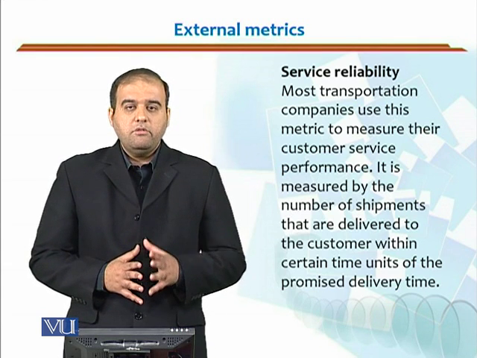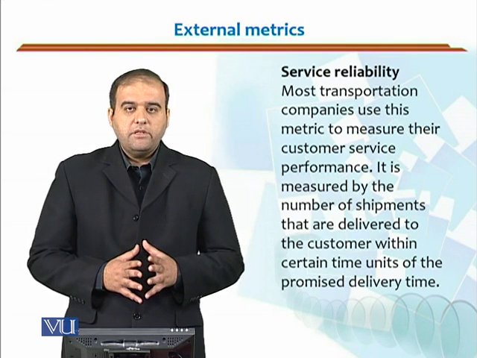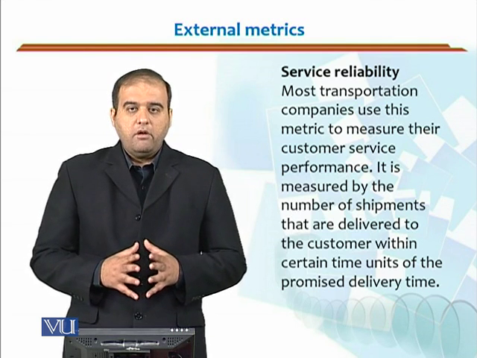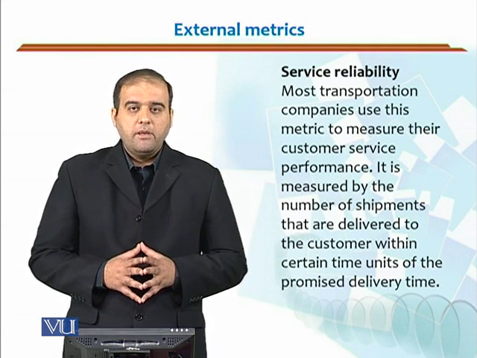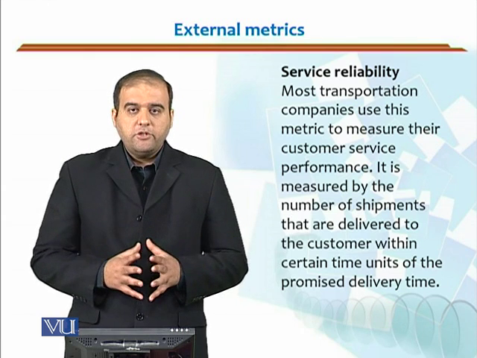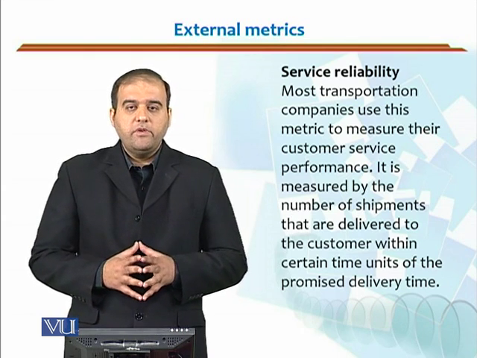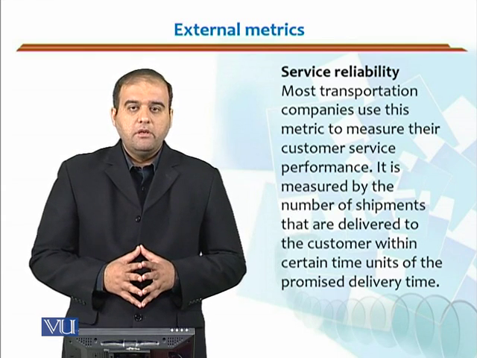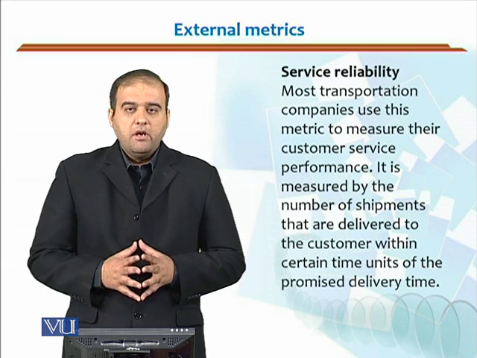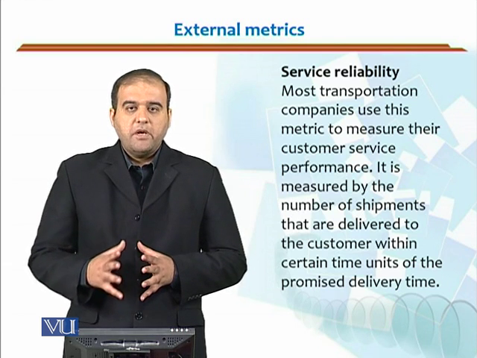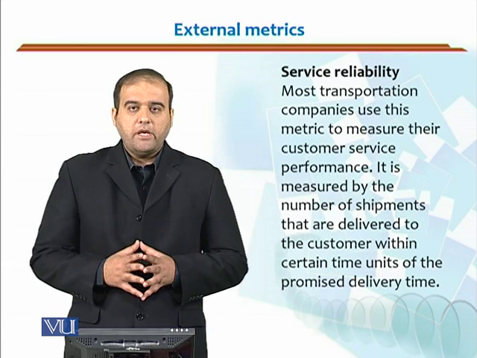That is, your shipment would be on time, and on time actually depends upon the definition of minimum variability being adopted by that organization. For example, for some company, the delivery date plus minus 2 days would be on time.